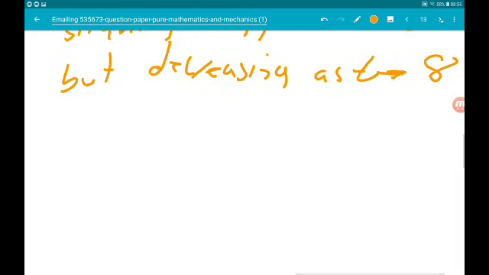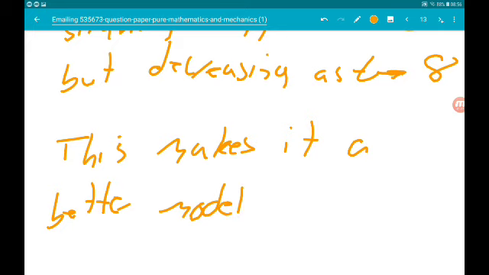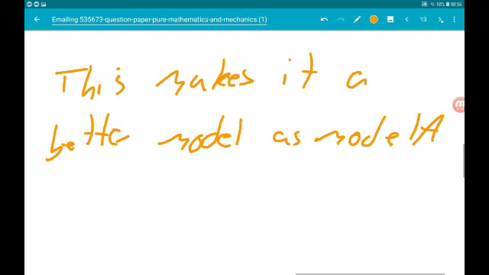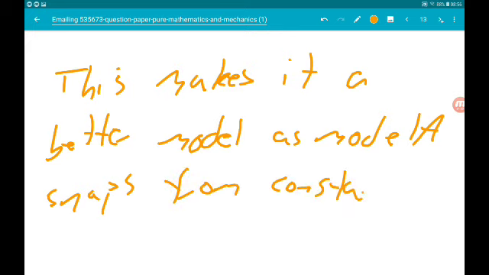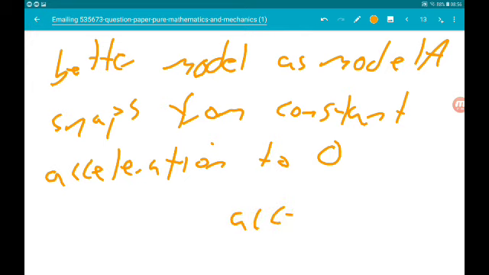Now, this makes it a better model, as model A snaps from constant acceleration to 0 acceleration. Cool.